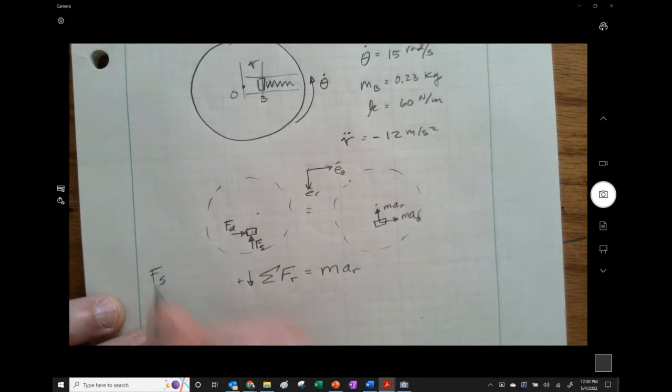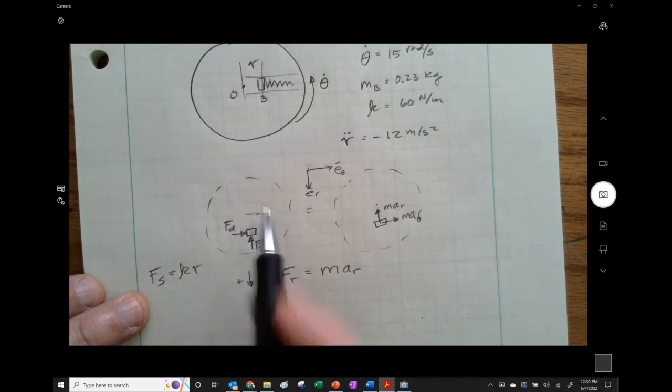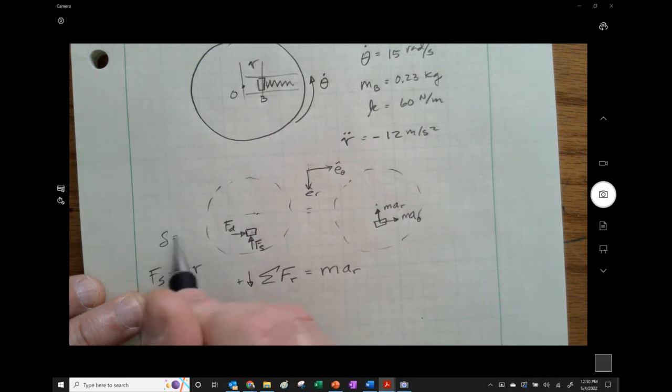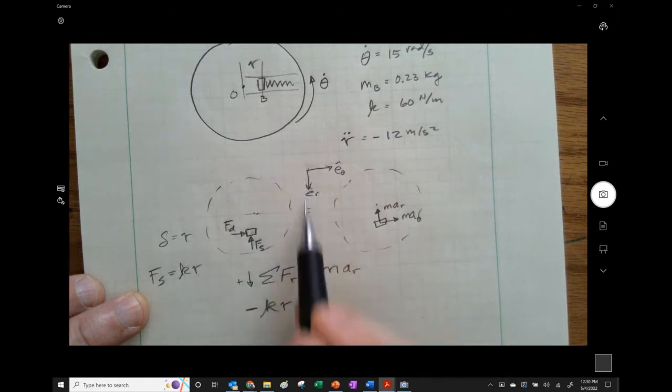But we do know that the spring force is going to be the deflection, and because it's 0 at here, deflection equals R, right? So we can make that statement here. And it's coming in the negative direction, so we could say that we have negative KR, because this is the positive direction.